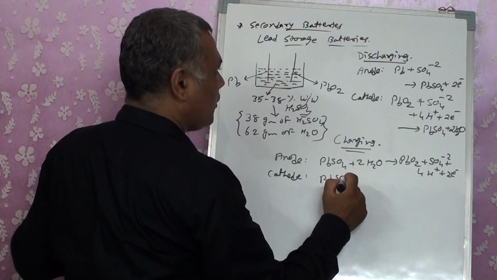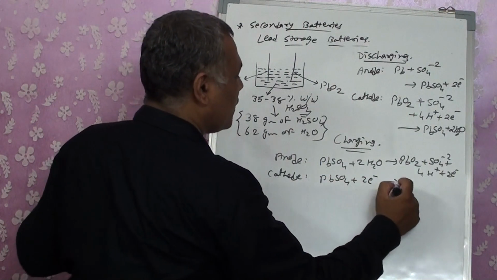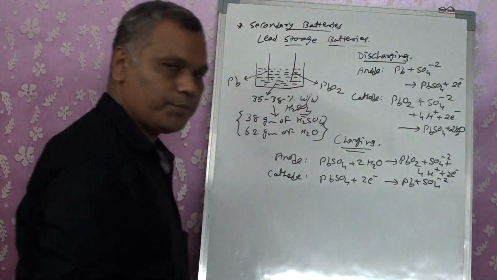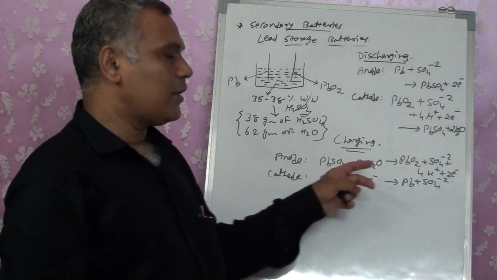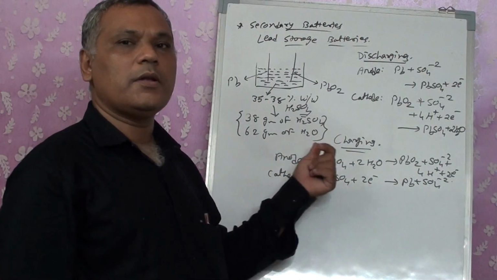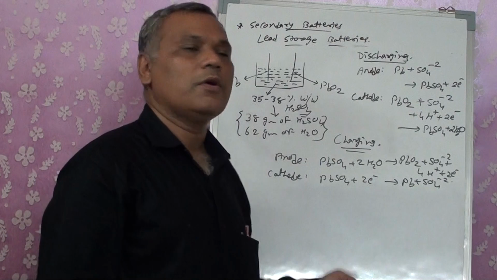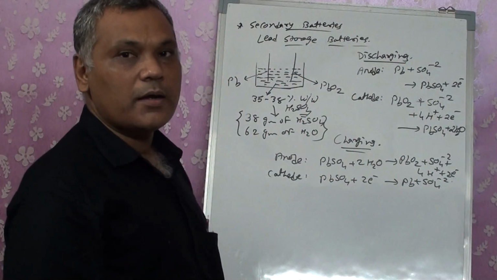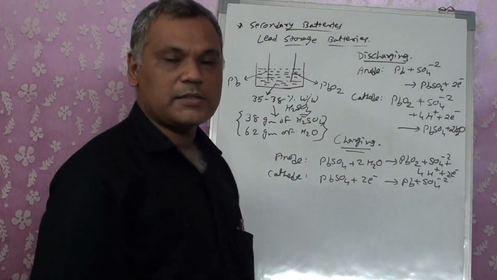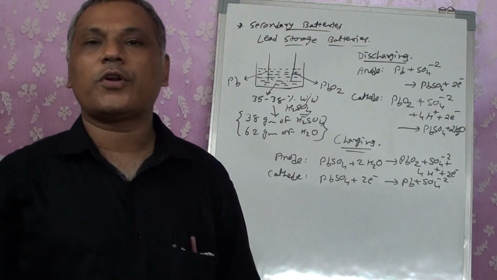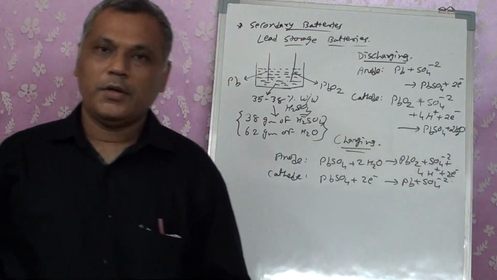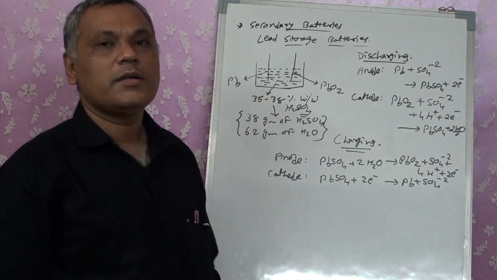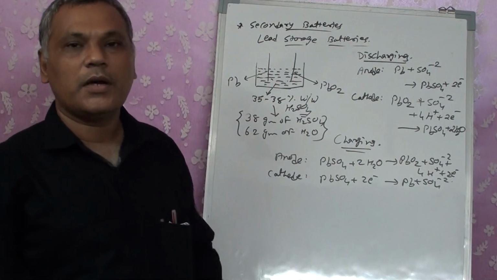It will be PbSO4 plus 2e gets converted into Pb plus SO4 minus 2. Right? So by reversing the terminals, anode becoming cathode, cathode becoming anode, the reaction is restarted. The chemicals are produced back, and as a result this cell is used continuously for a very long time. So by reversing the terminals, the batteries can be recharged and reused again.